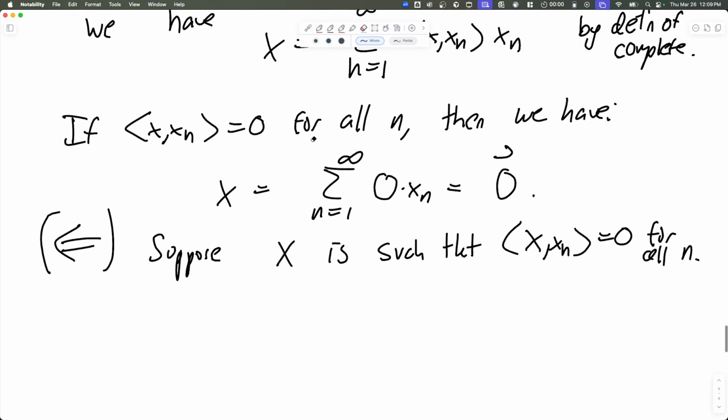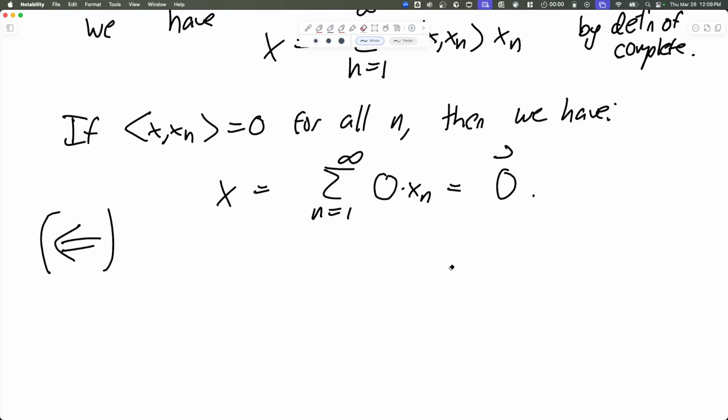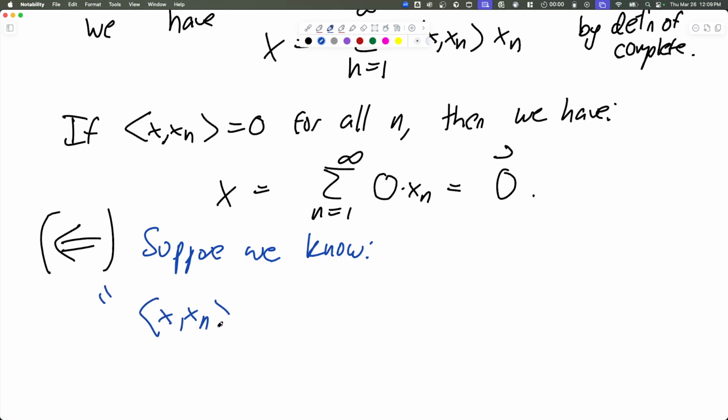Okay, let's rewrite the whole thing. Suppose we know, and I'm going to write it like this, <x, xn> equals 0 for all n implies x equals 0. So we have a machine.